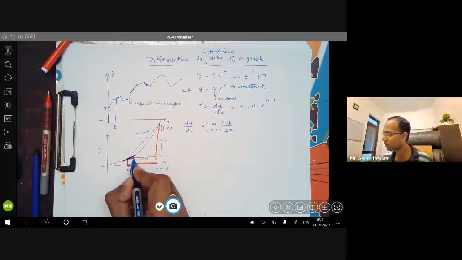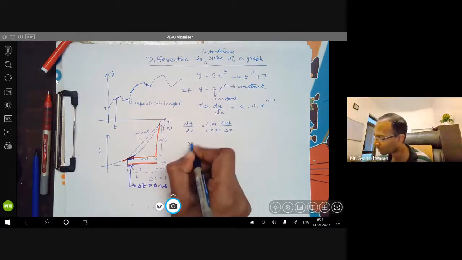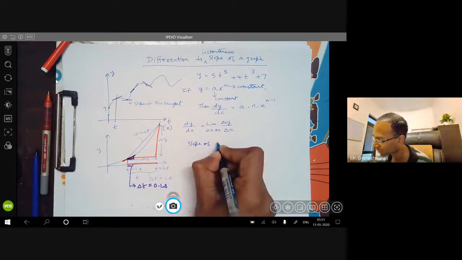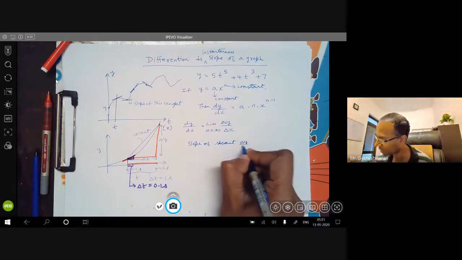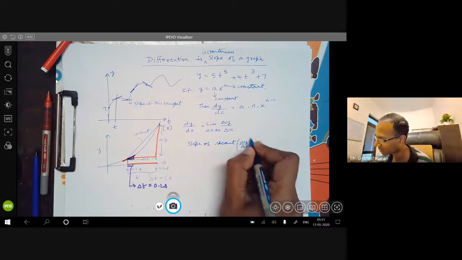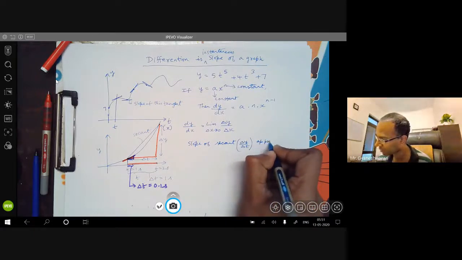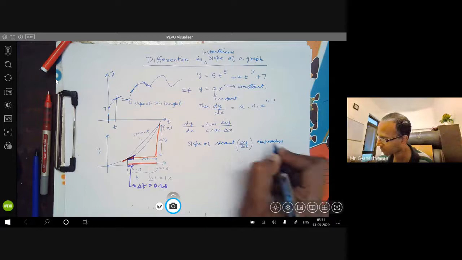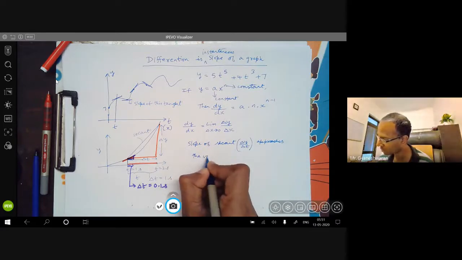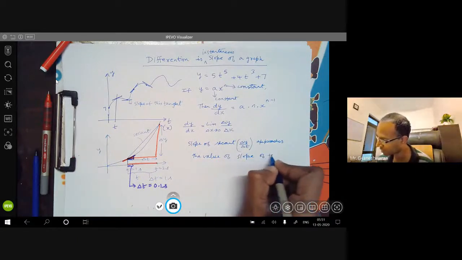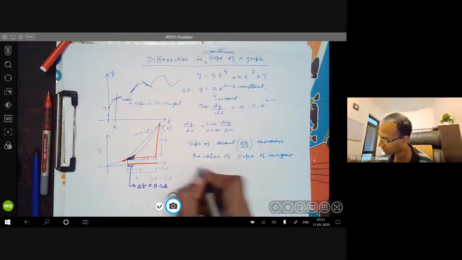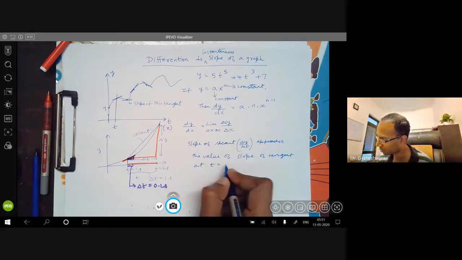So if we take the ratio of delta y by delta t as delta t approaches 0, the slope of the secant becomes equal to the slope of the tangent at t equal to 1 second.